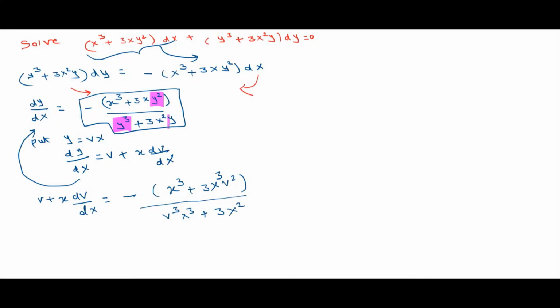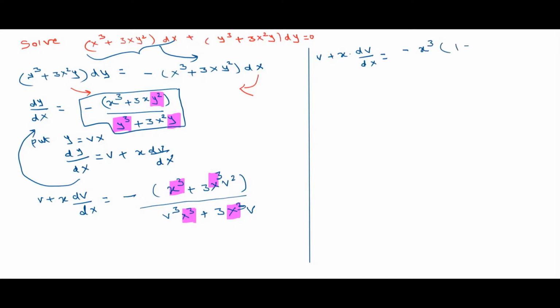Now substitute the value for y, which is equal to vx. So this is v, x into x square, which is equal to x cube. Now this is equal to v plus x into dv divided by dx is equal to, you can take x cube common in the numerator and x cube common in the denominator.